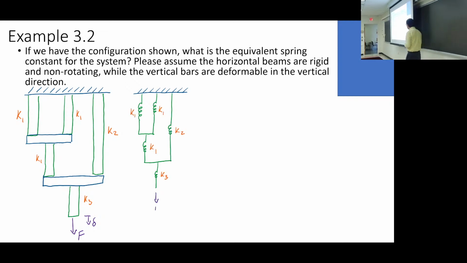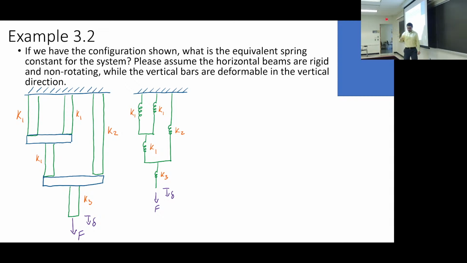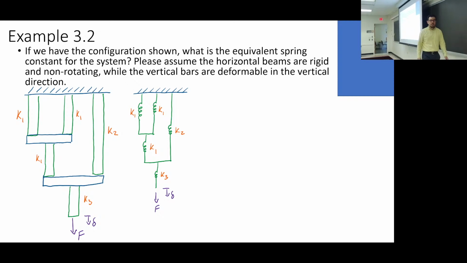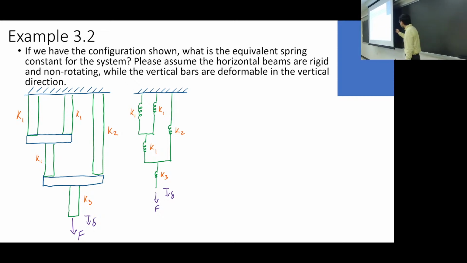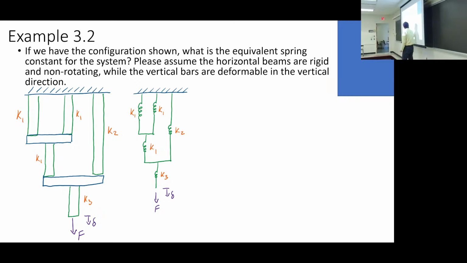And when you do that, it was already obvious to many of us that K1 and K1 are going to be linked in parallel with each other. But it should be extremely obvious once you've drawn this diagram. Maybe it's not so obvious: hey, wait, these guys are in parallel, and this is in series.